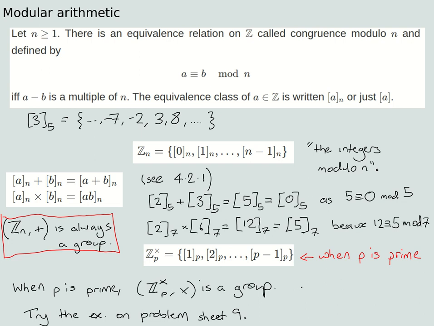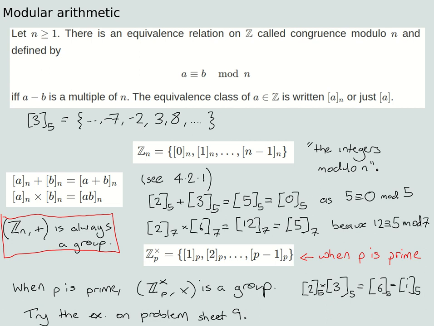So, for example, let's have a look at the integers modulo 5, so the multiplicative group Z5 cross. So there we could take, for example, the class of 2 modulo 5 and the class of 3 modulo 5, and if we multiply them together like this, well, what I get there is just the class of 6, and that's the same as the class of 1.